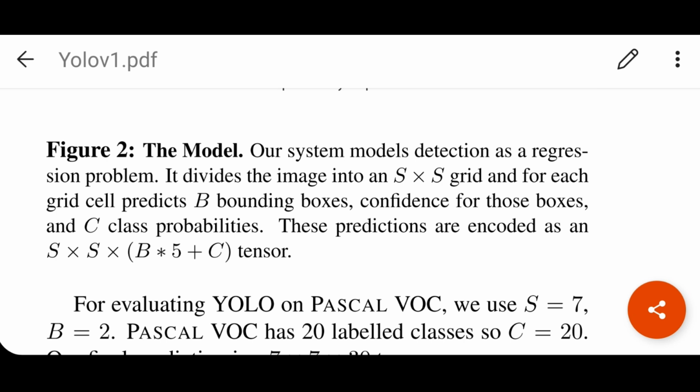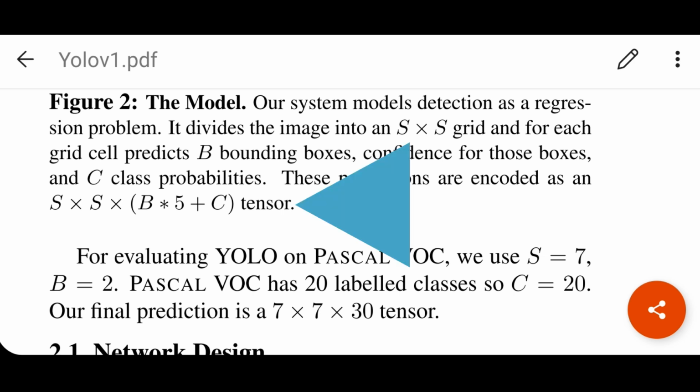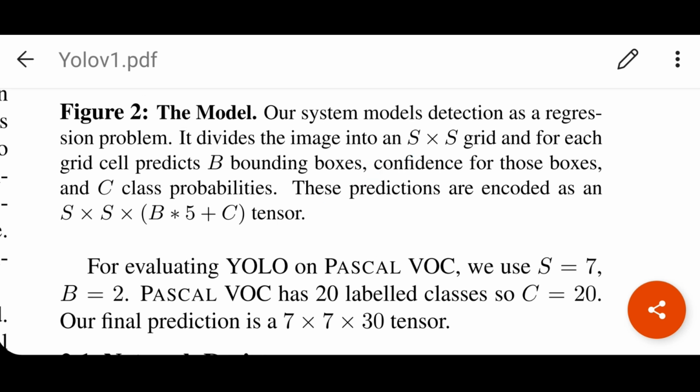These predictions are encoded as an S by S grid times B, since each grid cell is responsible for generating B boxes. It is 2 times 5. 5 means X, Y, the center of the object, height and width, plus confidence, plus C. C is the class-specific probability.